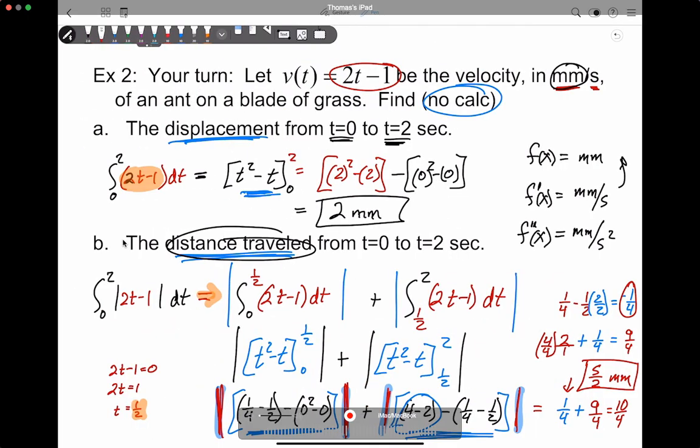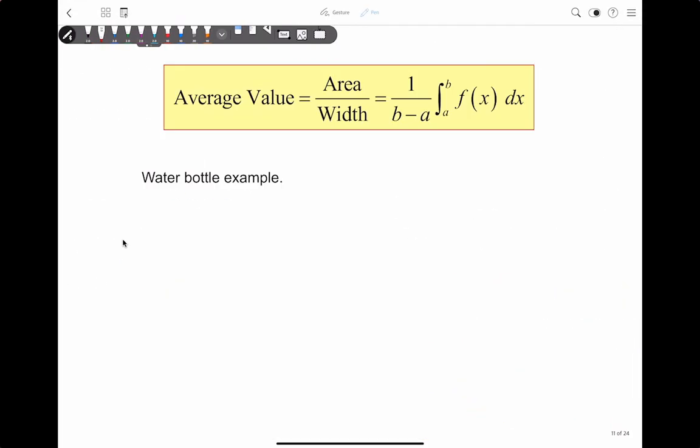Okay, so let's move on to a new concept, the average value of a function. This is asking what the average value of a function is. In this case, it wants to know the average value of this function. If I asked you what your current average is on Skyward, I'm looking for the average grade.